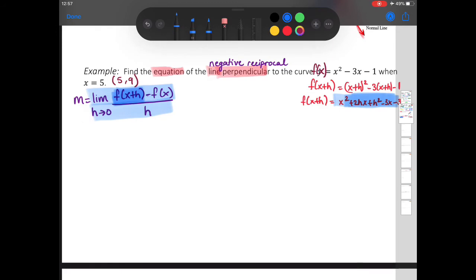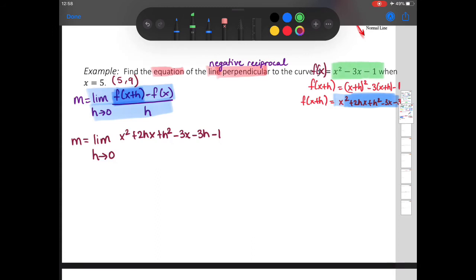So let's do that. My slope m equals the limit as h approaches 0 of x squared plus 2hx plus h squared minus 3x minus 3h minus 1, minus this whole thing. Right?